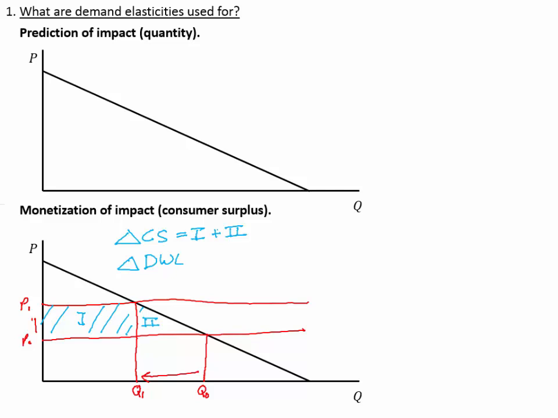The part we will care about is this additional triangle, which is pure loss to society, and that is just Area 2. So the question is, how do we compute those areas? And again, what we'll need to know is the size of the price change and, of course, something about the slope of the demand curve. I'll show you how we use elasticities of demand to answer those questions in the next clip.